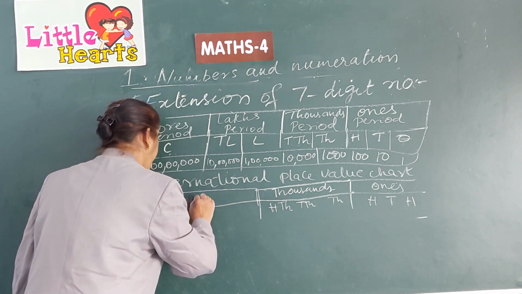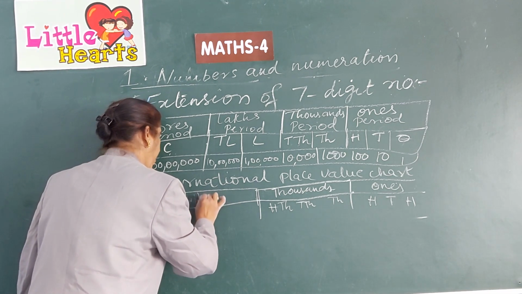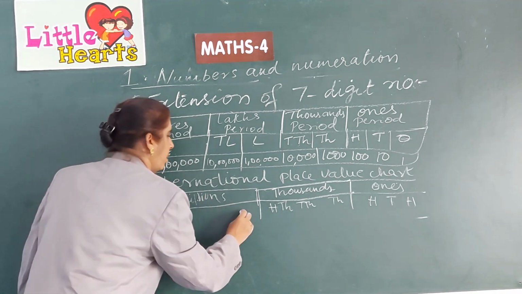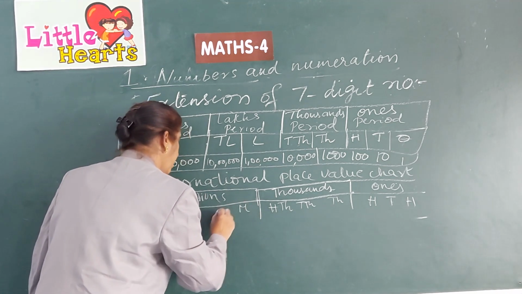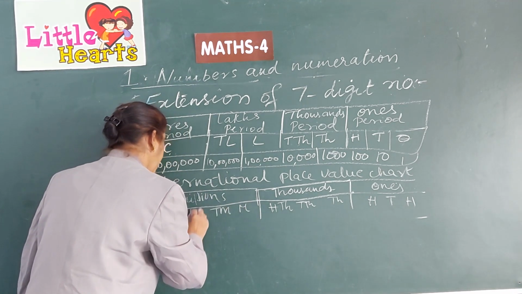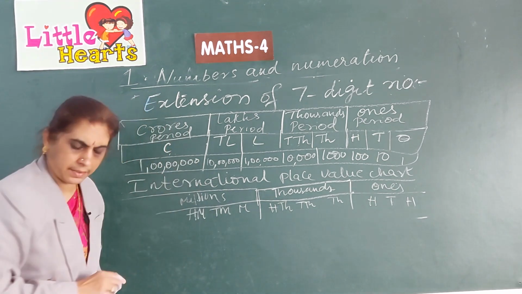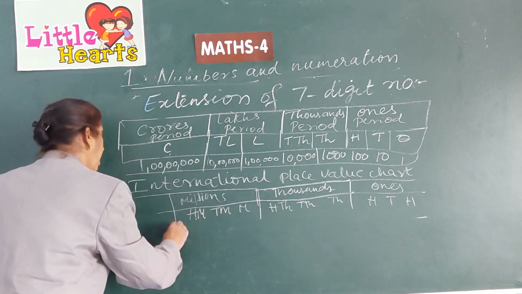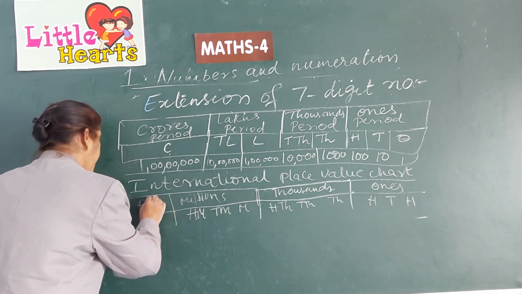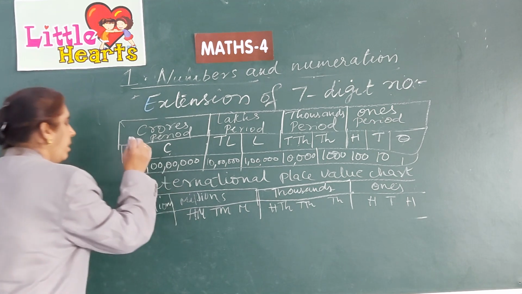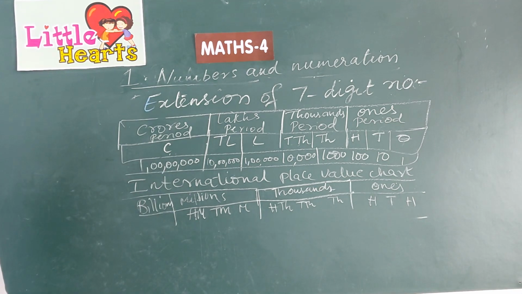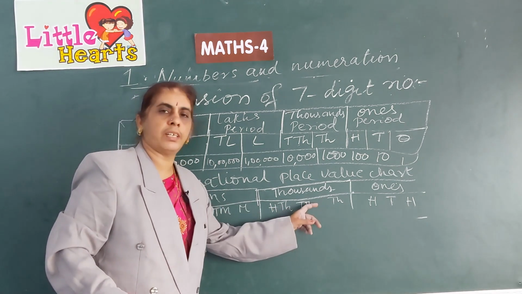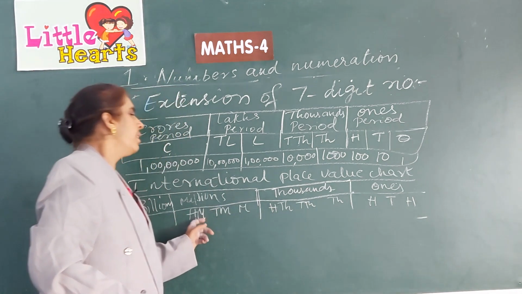Millions period. Millions, 10 millions, 100 millions. Next comes billions. This is international place value chart, and here commas are kept after every 3 digits.